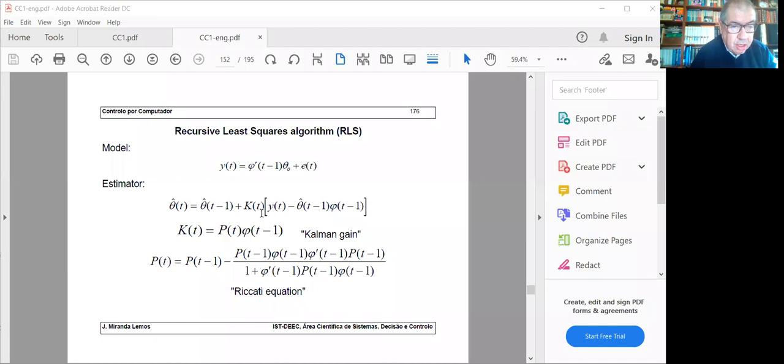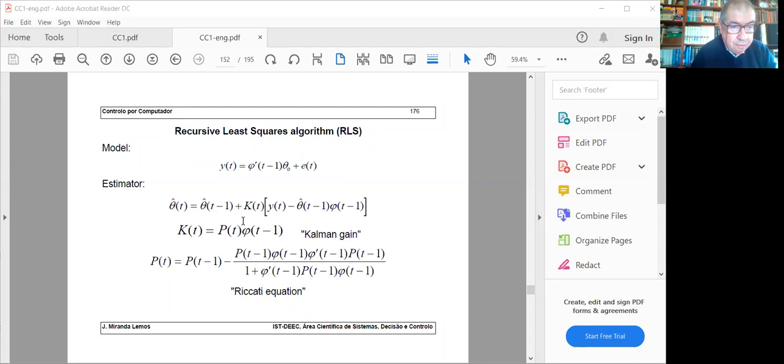If K is large, you give a lot of importance to this prediction error, and so you force theta of t minus 1 to be adjusted in a fast way, and hopefully to converge to the true value. When you reach the true value, the term between square brackets is small, so theta hat of t is more or less equal to theta hat of t minus 1, and the algorithm converges.